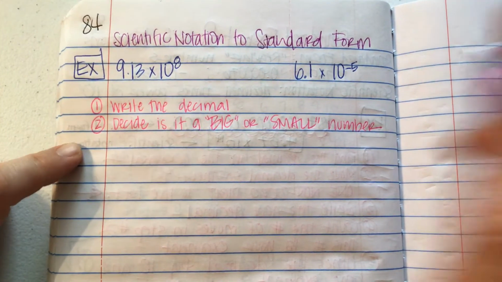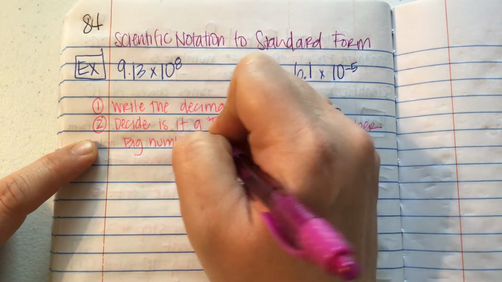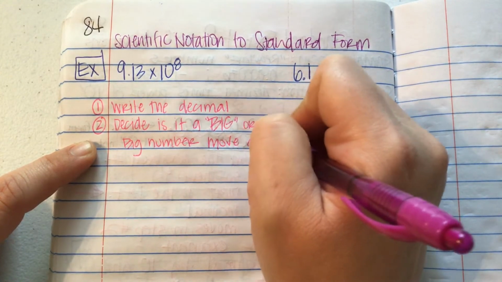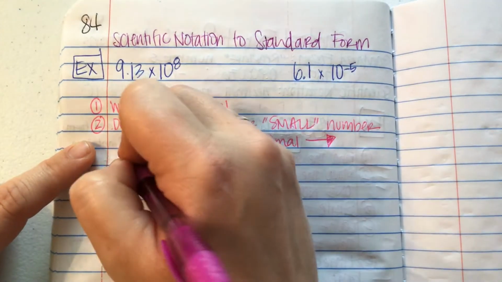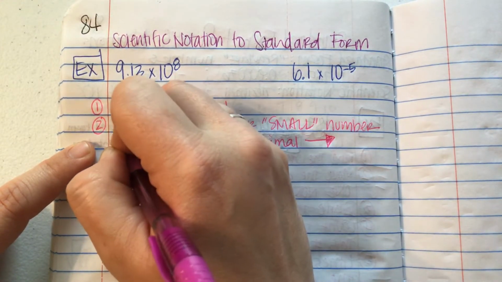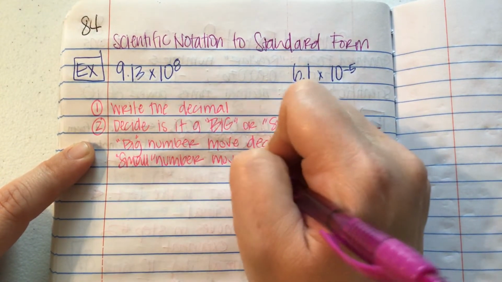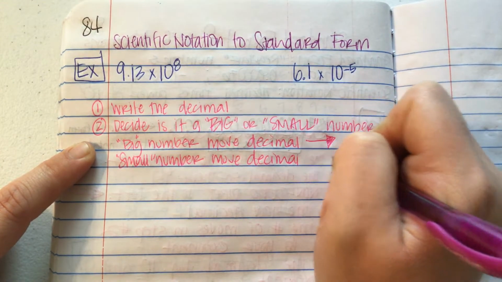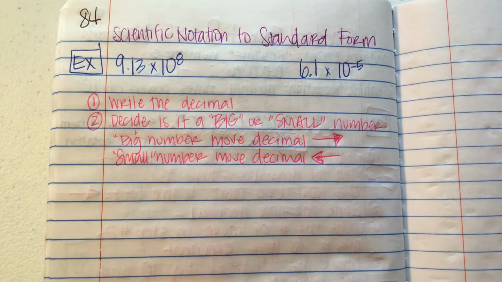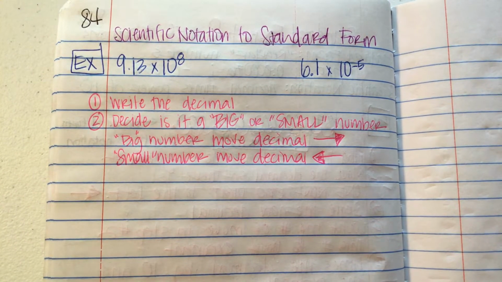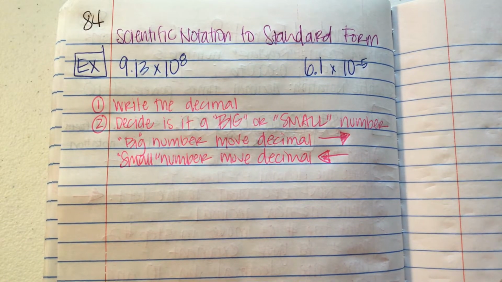Because if it's a big number, you're going to move the decimal to the right. And if it's a small number, you're going to move the decimal to the left. Because big numbers that get bigger, they add more zeros to the right side. And small numbers, they get smaller by adding more zeros to the left of it.